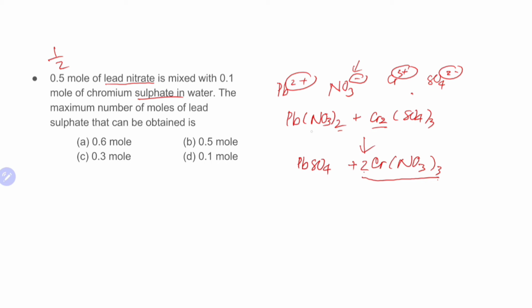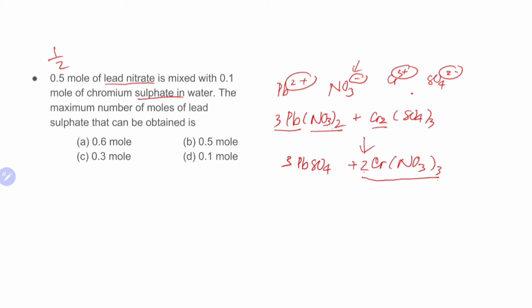Here we have only 2. So this part should be multiplied by 3. Then after that we get 3 Pb. Here only 1. So you multiply this by 3. So we get this, and check it once again.